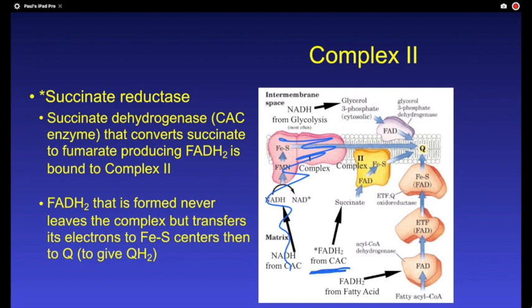It goes into complex 2. There are iron centers, and it goes to Q to make QH2. This is the path, but remember, this is also the enzyme in the citric acid cycle. This is what we consider from glucose, how the electrons are getting in the form of FADH2.